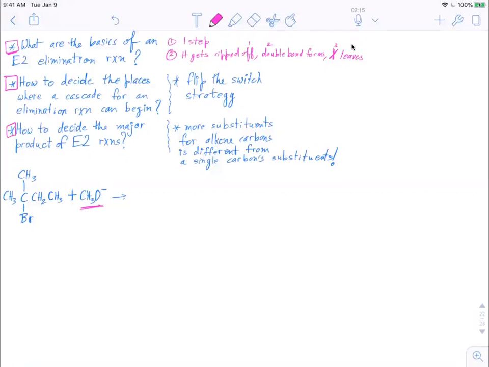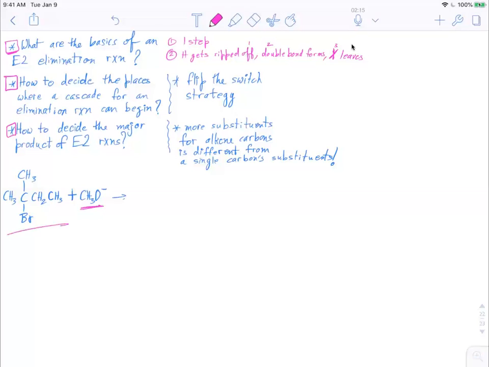And we need to know exactly where it's going to start by ripping off that hydrogen, and then a cascade will follow. The cascade will take the remaining sigma bond electrons and allow the carbon, which had that hydrogen, to use them somewhere else to form a pi bond, and then you'll end up with a double bond, and the bromine will leave. So let's get started.